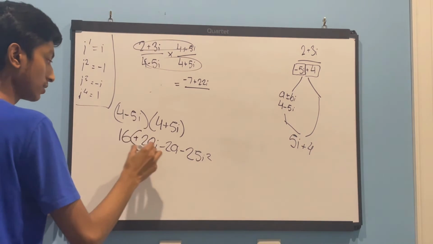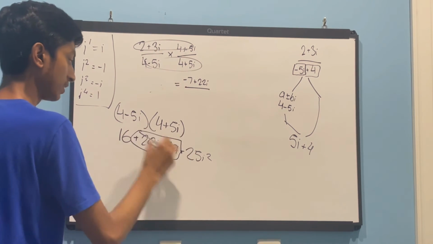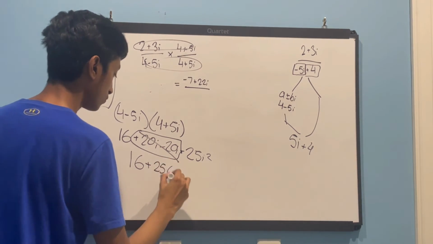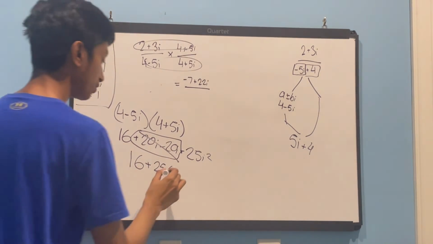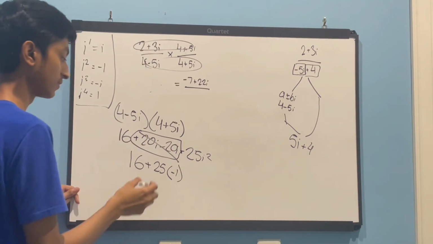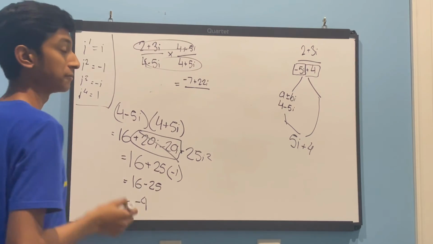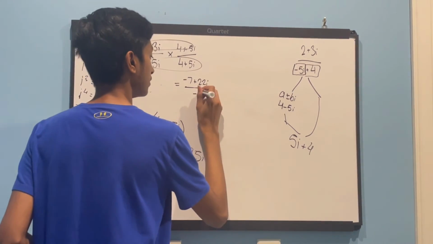So the middle terms cancel out. So it'd be 16 plus 25, since i squared again is negative 1. So 25 times negative 1. That'd be 16 minus 25, which is negative 9.